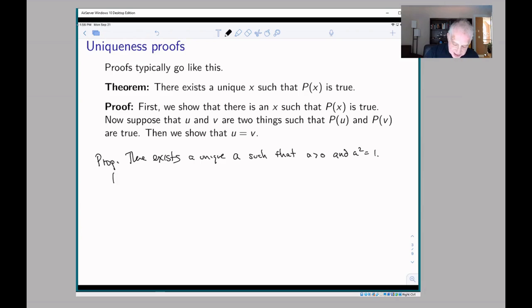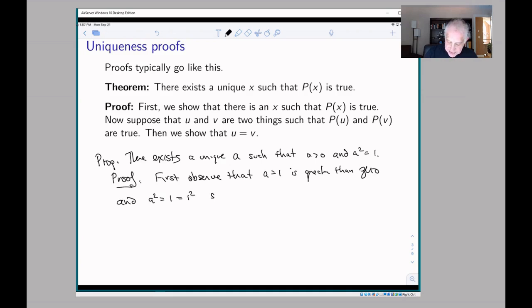So the proof of existence: first observe that a equals 1 is greater than 0, and a squared equals 1 squared, which satisfies a squared equals 1.